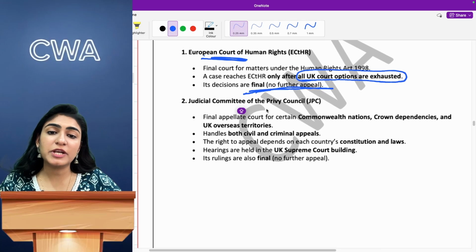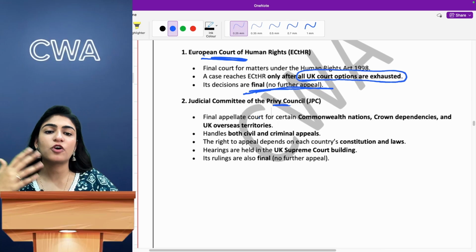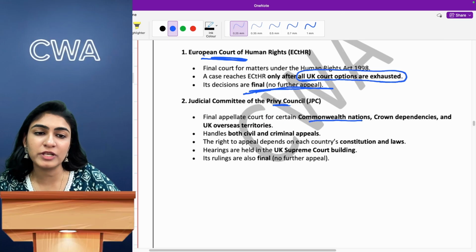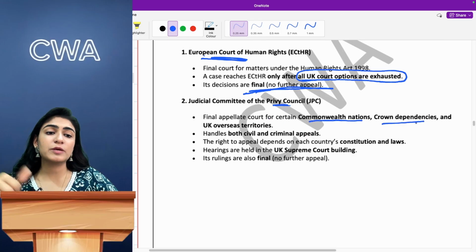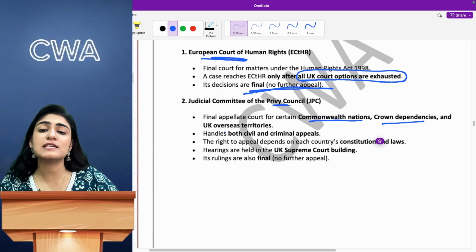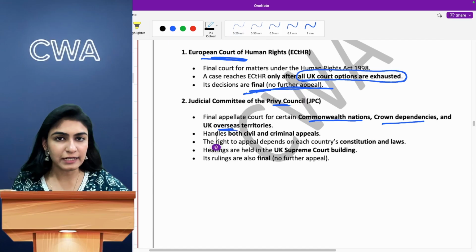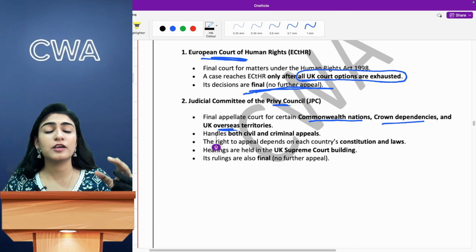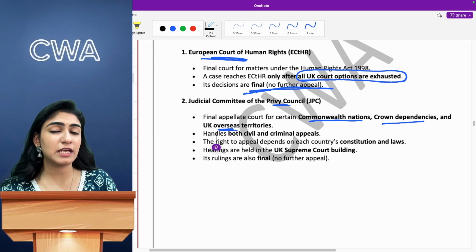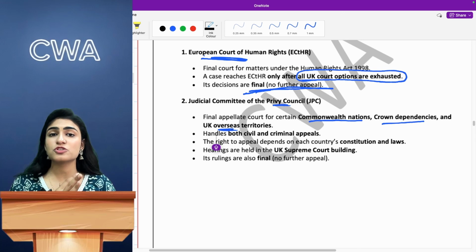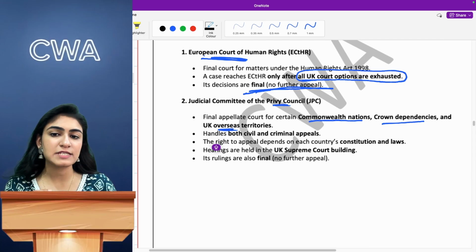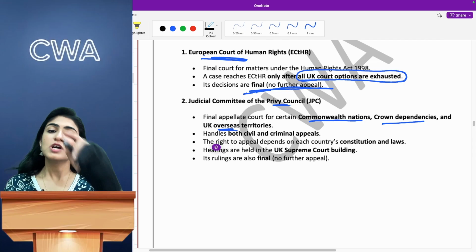The Judicial Committee of the Privy Council, what is the JCPC? It is a final appellate court for Commonwealth nations, Crown dependencies, and UK overseas territories. So even after fighting in the Supreme Court, if the case is between Commonwealth nations, or it is a Crown dependency or UK overseas territory, you can go to the JCPC.